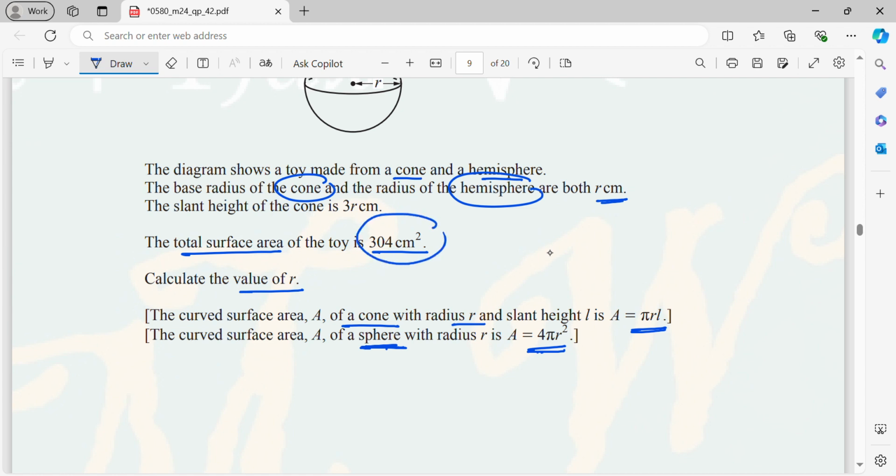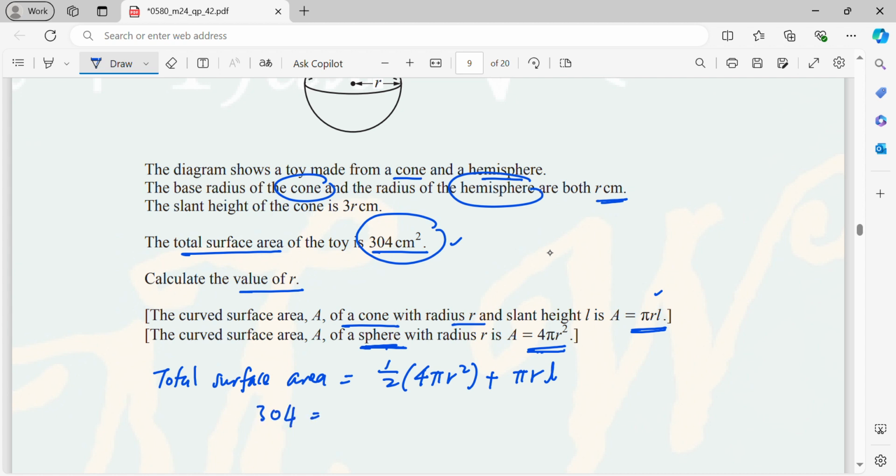Now the total surface area is given. So the total surface area is half of 4 pi r squared plus the cone, which is pi r l, and replace the left side by 304.